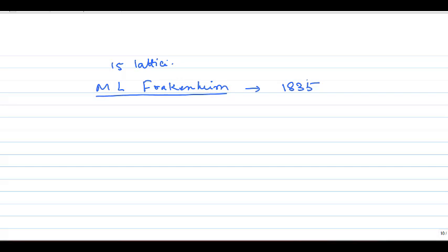And 13 years later, the French physicist and crystallographer Auguste Bravais corrected that and said that there are 14 lattices. And today these are known by his name, 14 Bravais lattices.